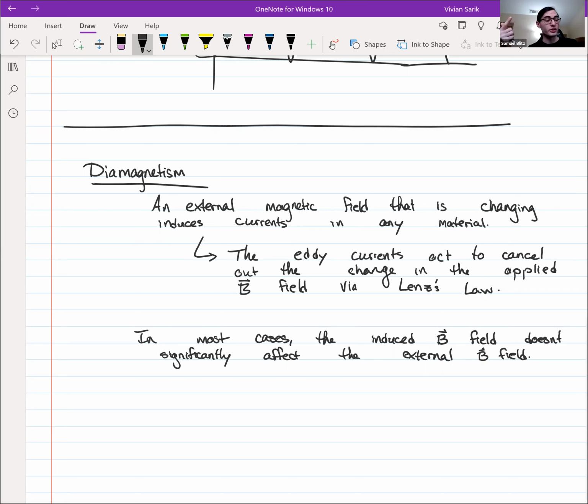In conductors, the eddy currents are much larger, and so as long as the conductor isn't ferromagnetic or paramagnetic, you can actually observe diamagnetism, like, for example, copper. I think copper is not paramagnetic. In non-paramagnetic conductors, you could actually observe this reduction of the external magnetic field.